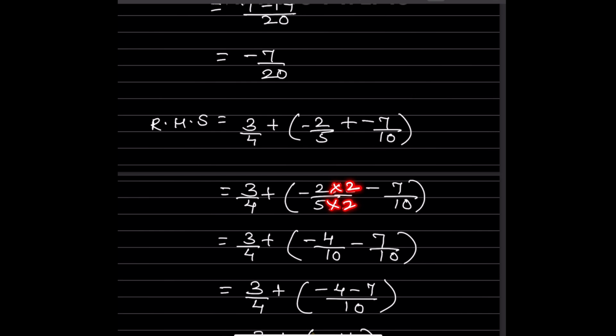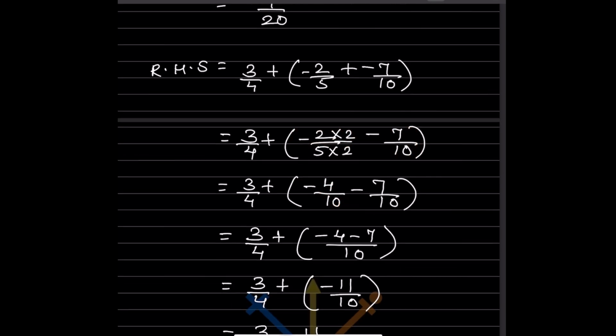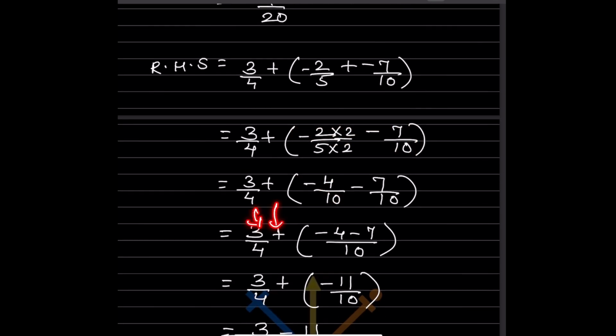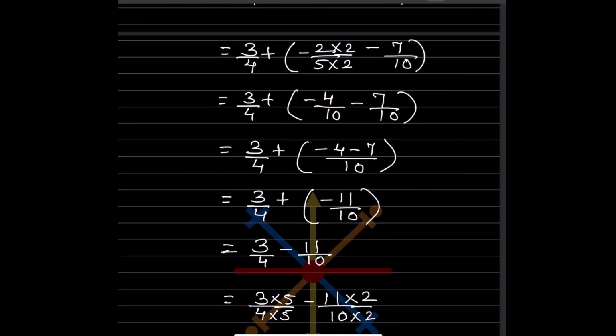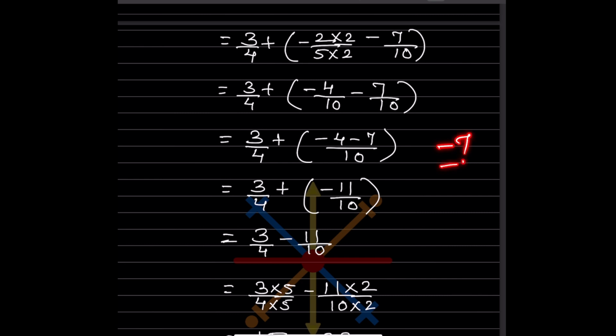The denominator should be done first and then whatever the changes in the denominator, the same changes in the numerator. 3 by 4 plus, this is going to be minus 4 by 10 and this is minus 7 by 10. So here minus 4 minus 7 by 10. So this is going to be minus 4 minus 7, that is going to be minus 11 by 10.